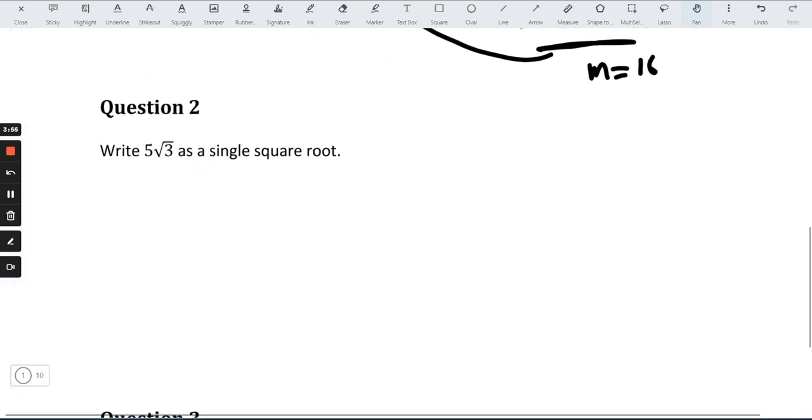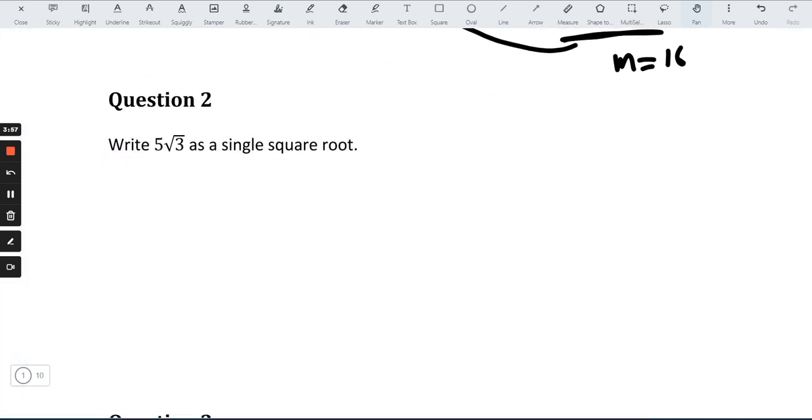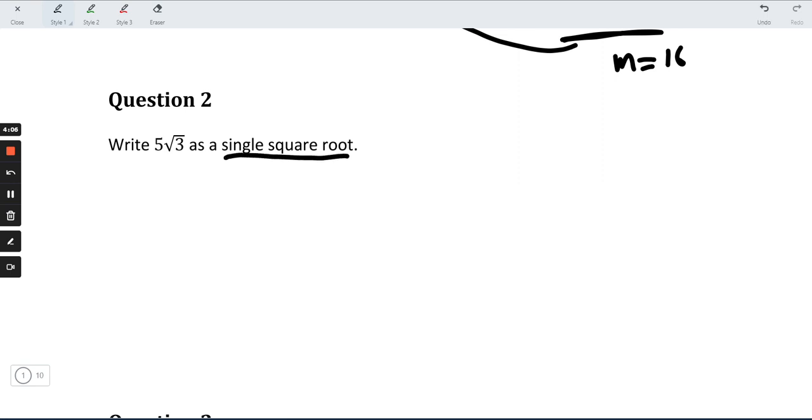Second question here. Write 5 square root 3 as a single square root. So they need it to be a single square root. That means I should put 5 inside the root. Now 5, or 25, is a perfect square.